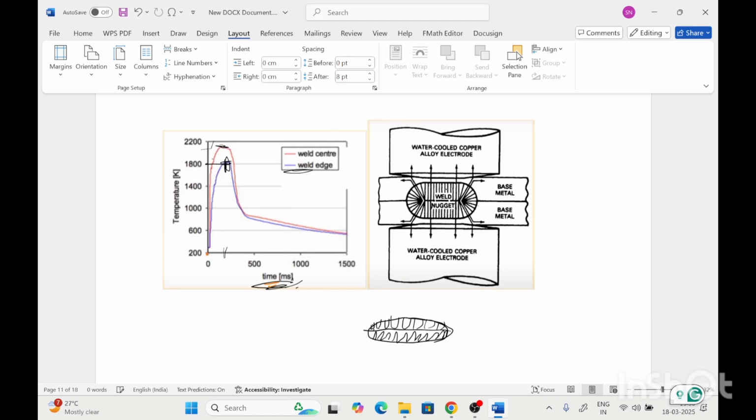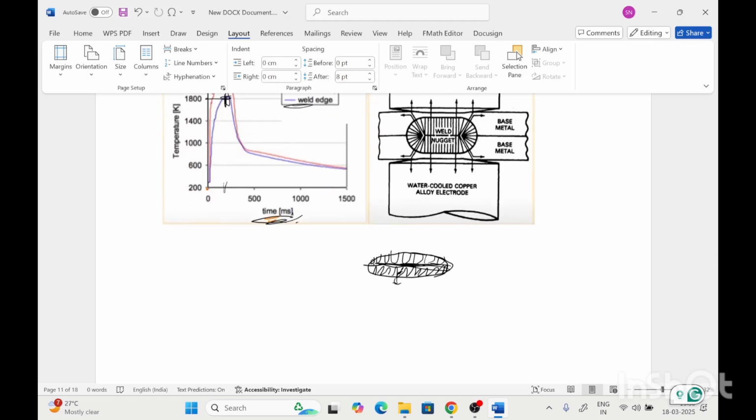So the alloying elements generally segregate at this interface and between these columnar grains also. That region will become brittle because of the segregation of the alloying elements.